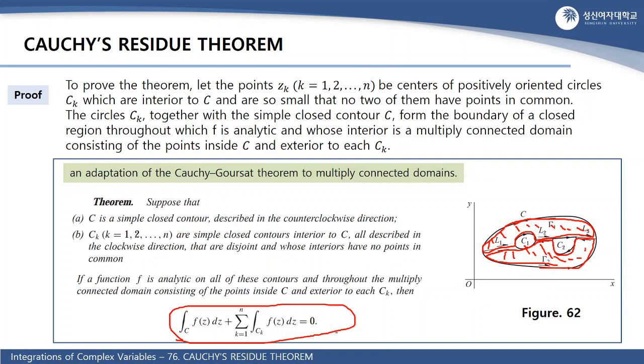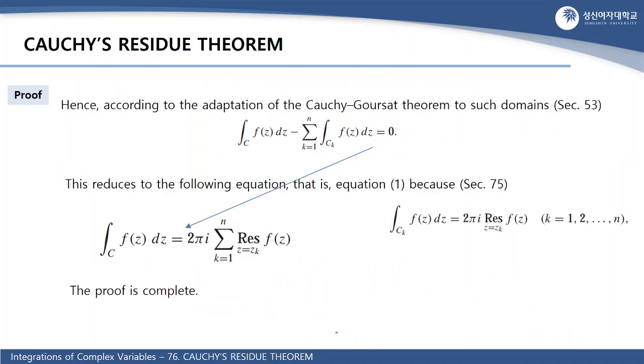So we use this theorem in our case. Then we have the result here, because we have considered Ck, so the integral along the circle, contour Ck, of f(z) dz is equal to 2 pi i times the residue at the singular point zk, for each k from 1 to n.